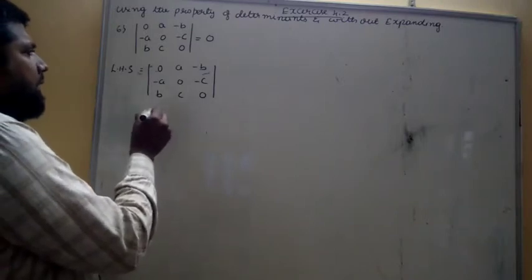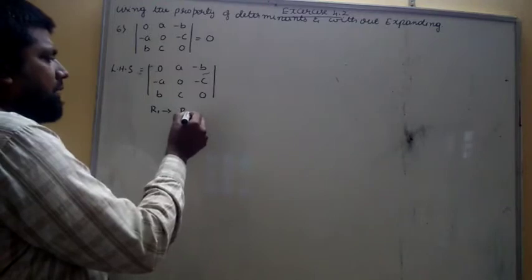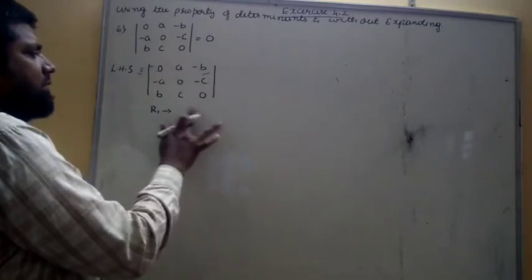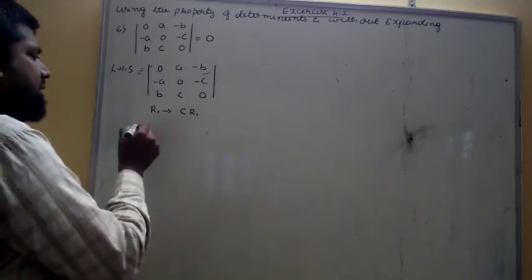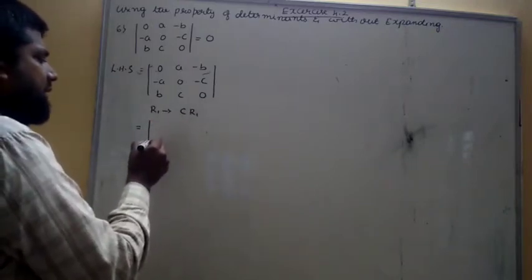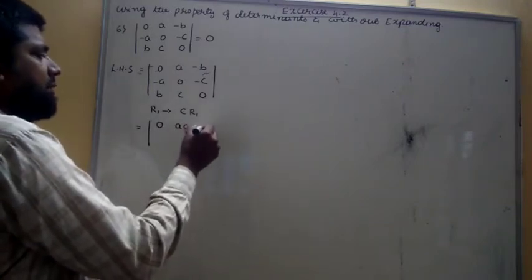Here let us change R1 to C R1, which means we have to multiply R1 with C. If you multiply C with the first row, we get 0, AC, minus BC.